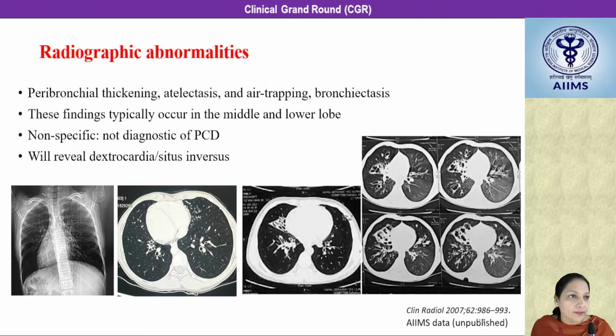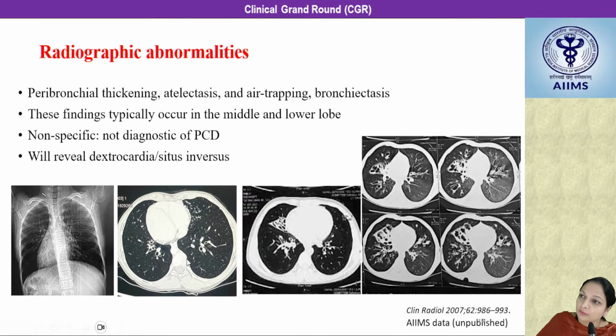Now, if we look at the radiographic abnormalities, the X-ray may show dextrocardia or situs inversus upfront. There can be peribronchial thickening, atelectasis, air trapping causing hyperinflation of the lungs, and bronchiectasis. X-ray is a relatively insensitive modality to pick up bronchiectasis.